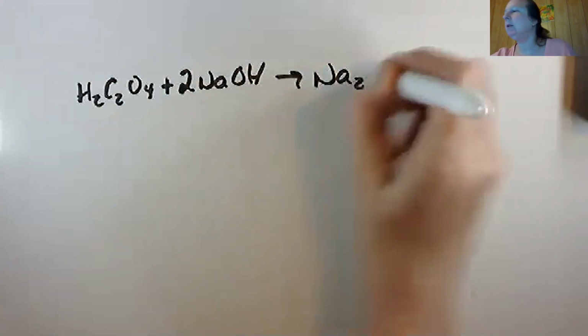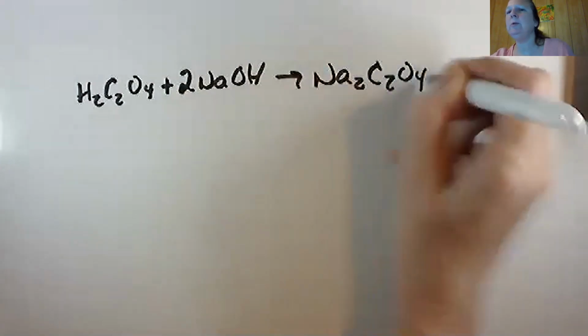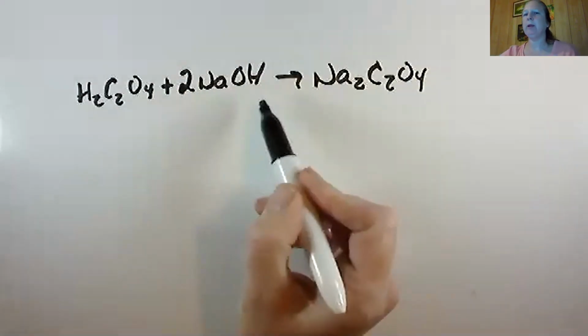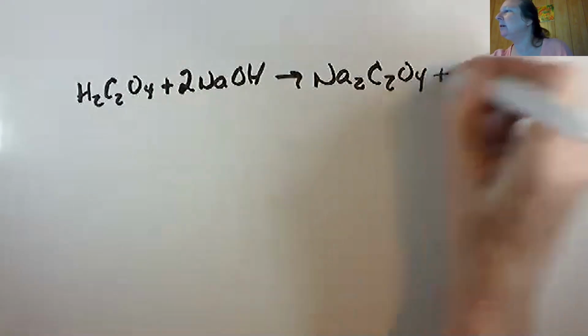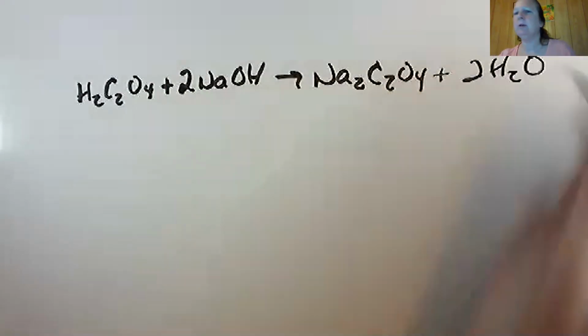This is a single arrow because you can only use a very strong base and strong acids in a titration reaction. You cannot use something that's going to do equilibrium. It has to be complete and it has to be fast.